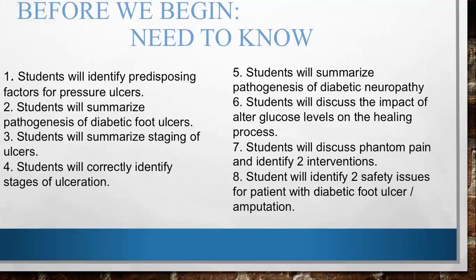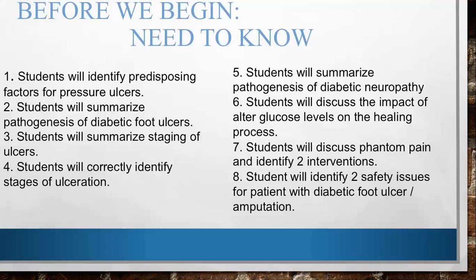You will also be able to identify stages of ulceration. You will summarize pathogenesis of diabetic neuropathy. Also discuss the impact of altered glucose levels on the healing process. You will also discuss phantom pain and identify two interventions. You will also identify two safety issues for the patient with diabetic foot ulcer and amputation.